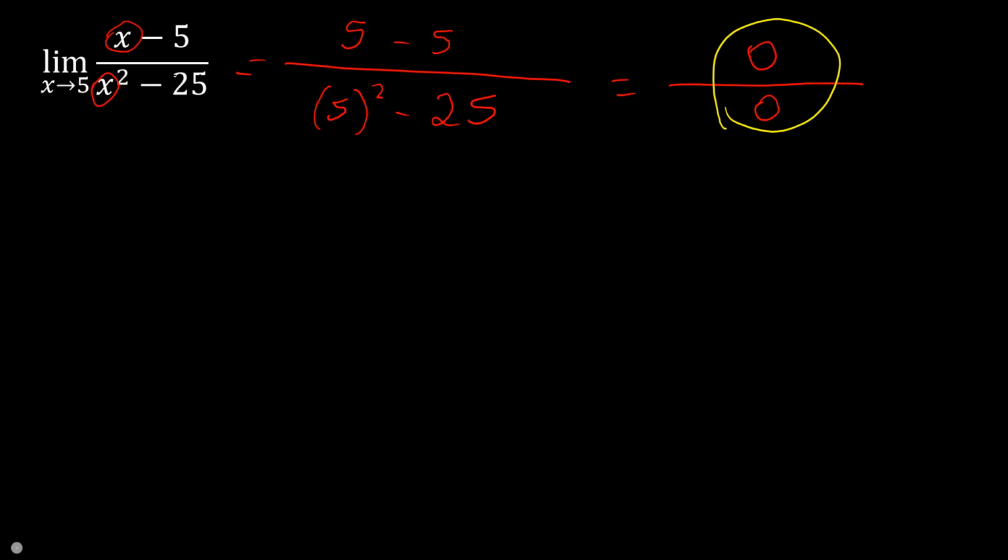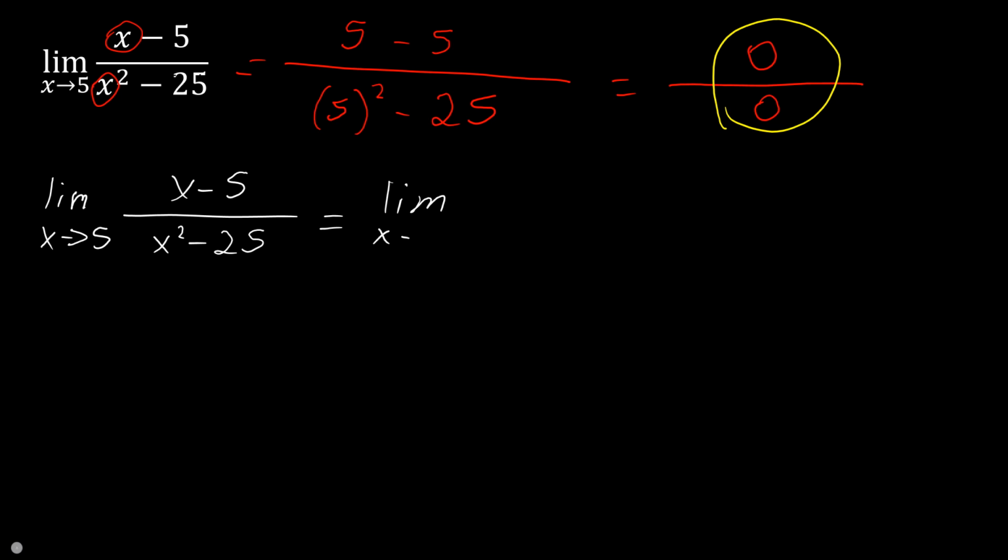And how we're going to get to that is we're going to use factoring to our advantage. So we have the limit as x approaches 5 of x minus 5 over x squared minus 25. Basically what we're going to do is we're going to find a way to break apart anything in our function in order to cancel.